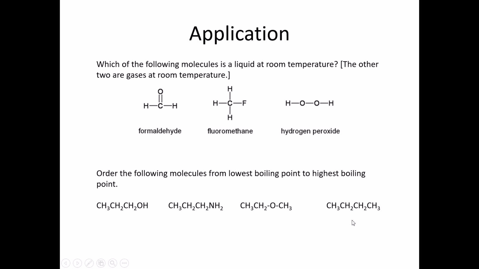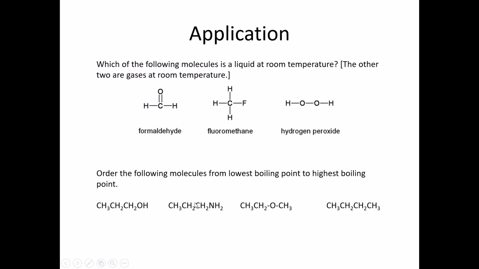And then we have a hydrocarbon chain. Our hydrocarbon chain is nonpolar and can only have London dispersion forces. Our ether is polar and has dipole-dipole forces. Now both of these compounds can hydrogen bond.